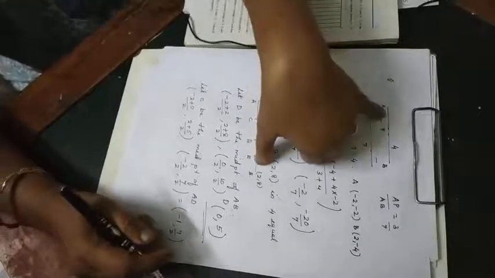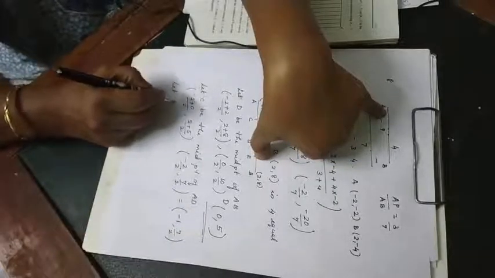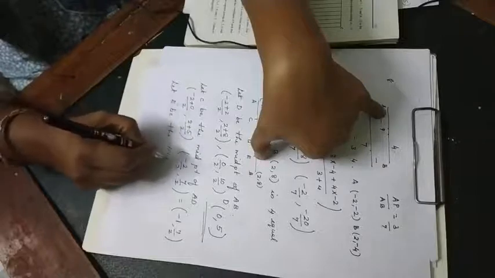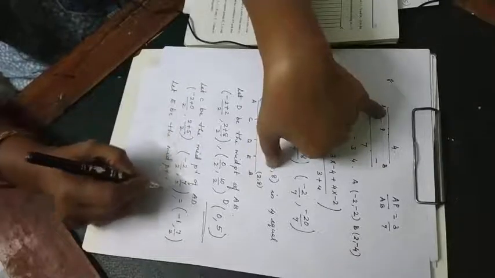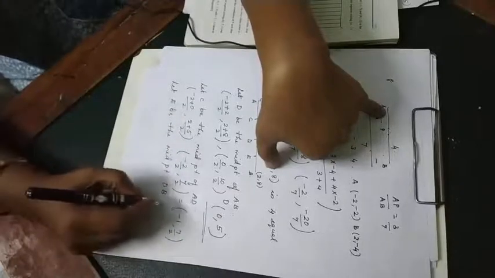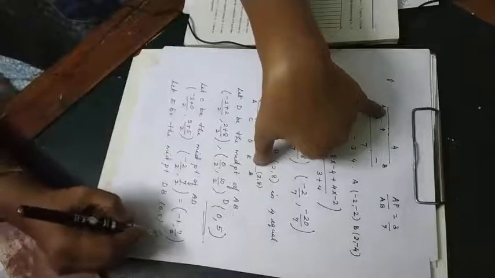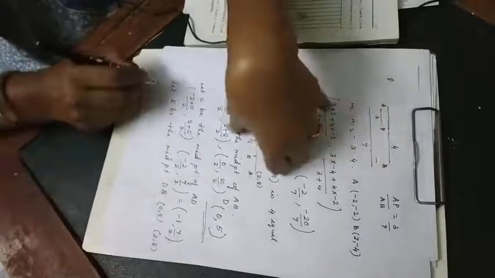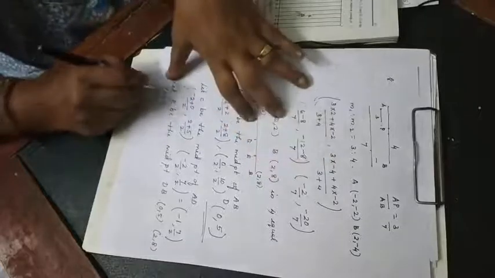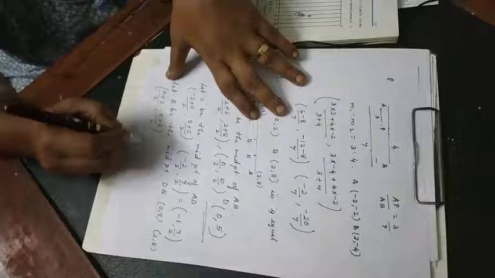Now one more you have to find out: E. So let E be the midpoint of DB. D point is (0, 5) and B is (2, 8). So you will get (0 plus 2) divided by 2, (5 plus 8) divided by 2.